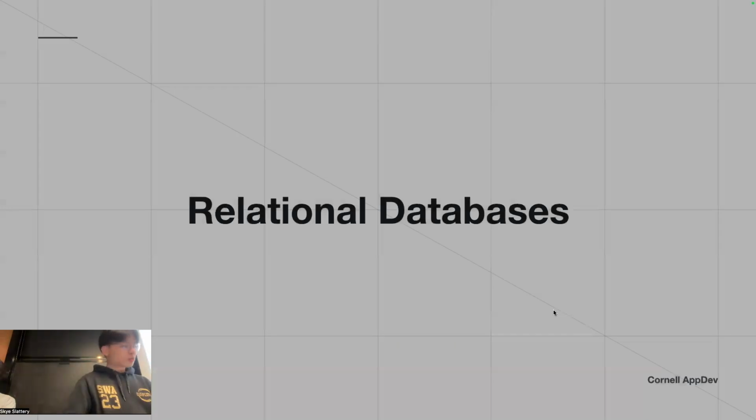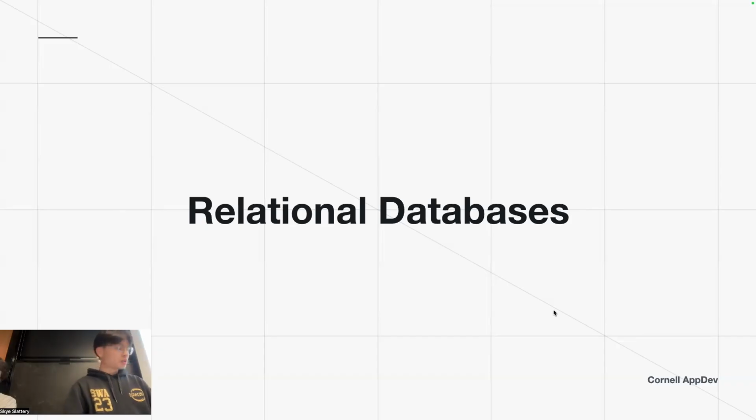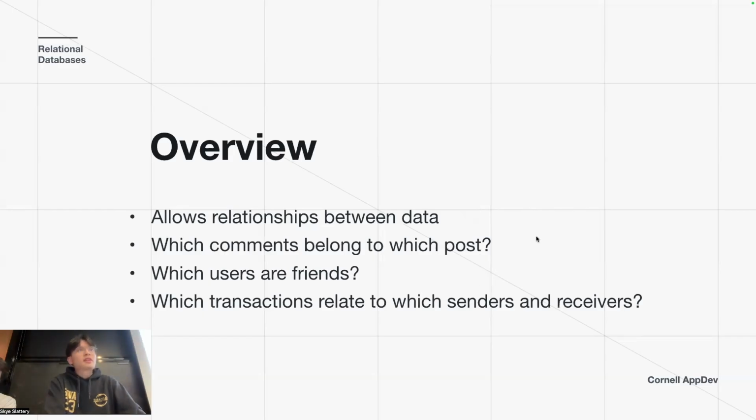So let's go into relational databases now. Just like the name suggests, relational databases allow relationships between data. For example, last time we had posts and comments, like you've seen in PA1. One post can have many comments, and there is a relationship between the two. We want a way to store the information that posts and comments are related.